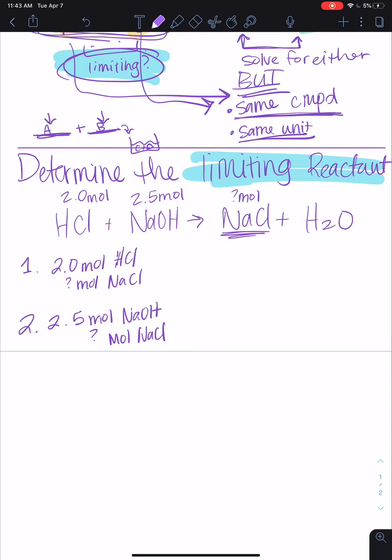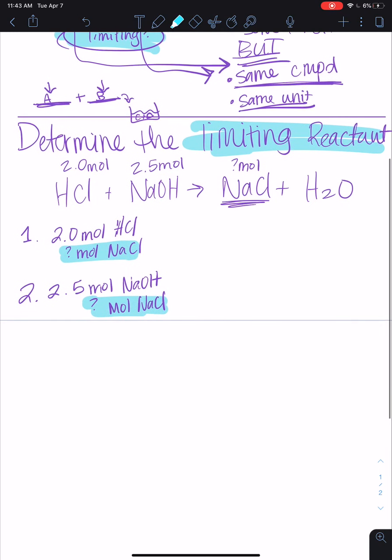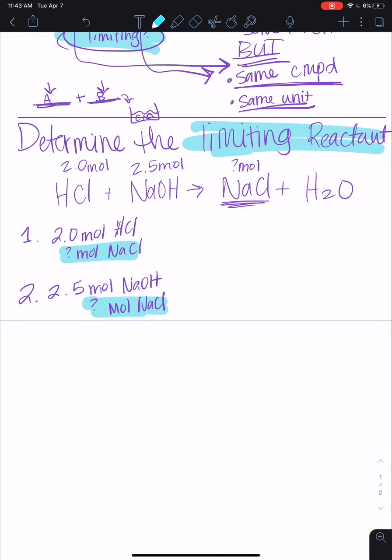Once I have these two, I can take the answer I get there and the answer I get here and compare them, and I can determine which one of these reactants ran out first.